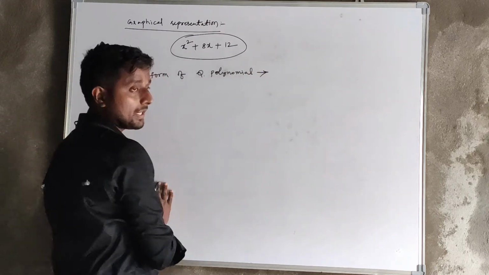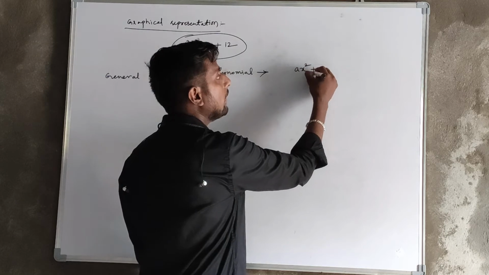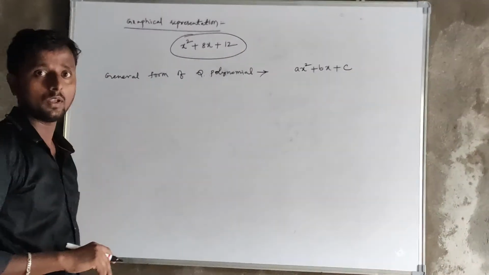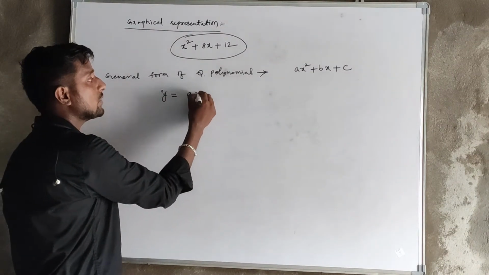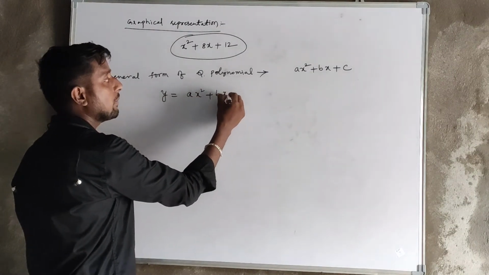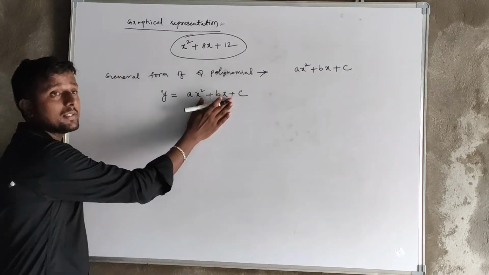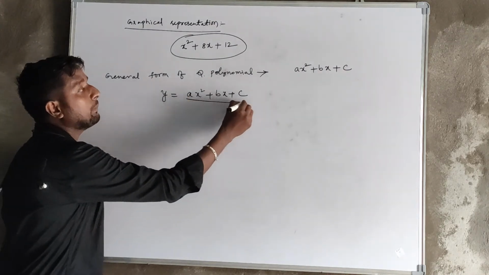The general form of a quadratic polynomial is ax square plus bx plus c. Now I can write y is equal to ax square plus bx plus c. Now this is a quadratic polynomial.